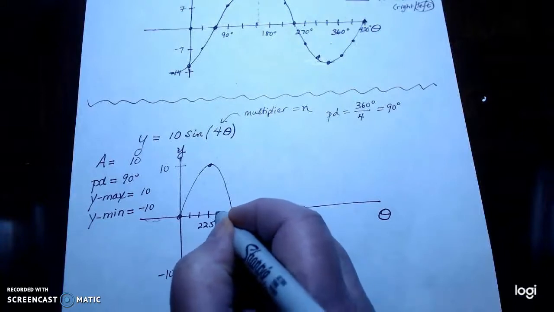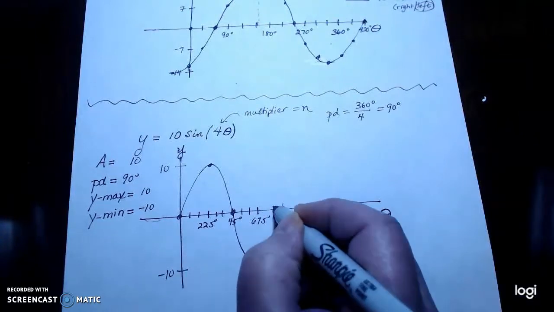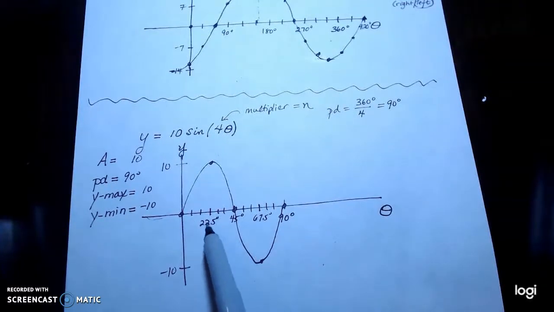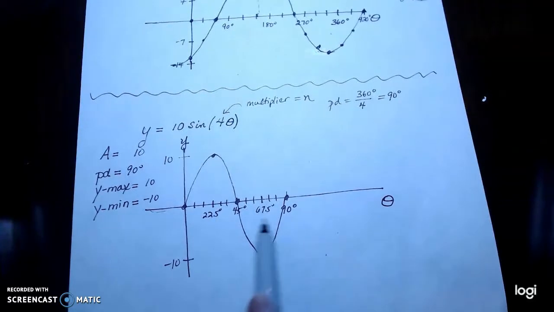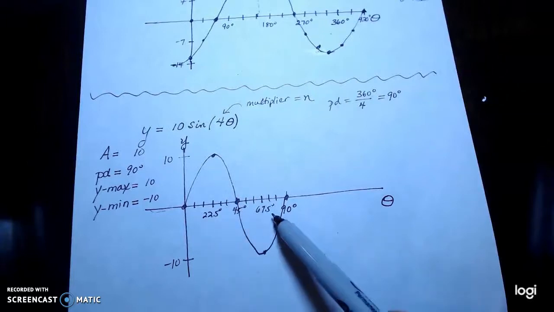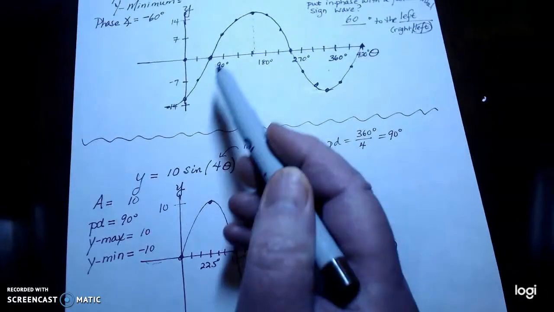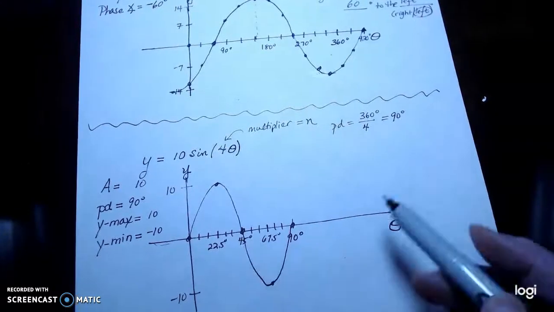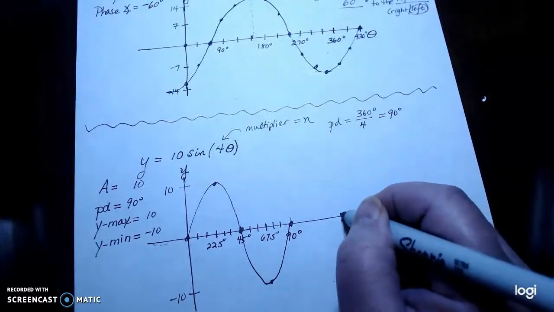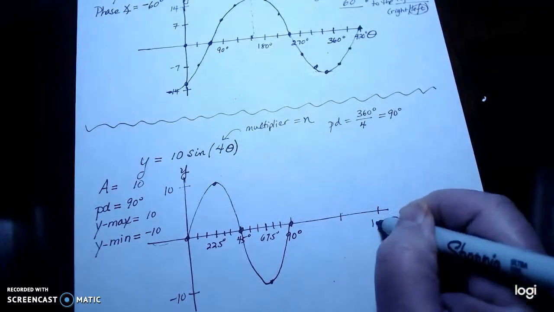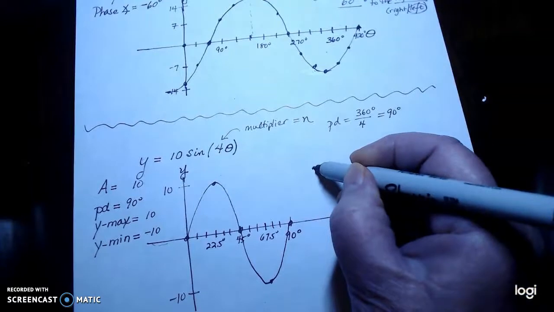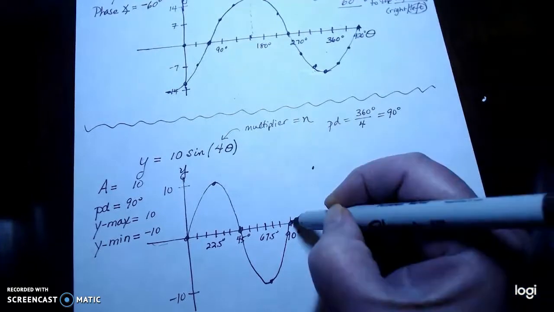Those won't be nice numbers because of the values involved here, meaning to take parts of 22.5 to find your little demarcations. But this is good enough. So unless you're being asked to graph 13 points, if you're just sketching something like this, that's fine. And you may be asked to actually graph 2 cycles, at which point take it to 180 degrees, and you've got your peak, you've got your valley, and you sketch your curve.